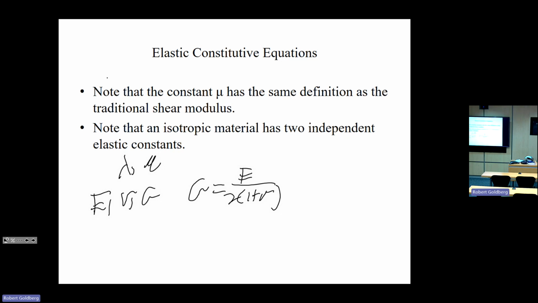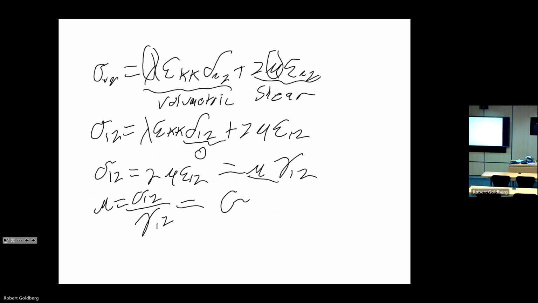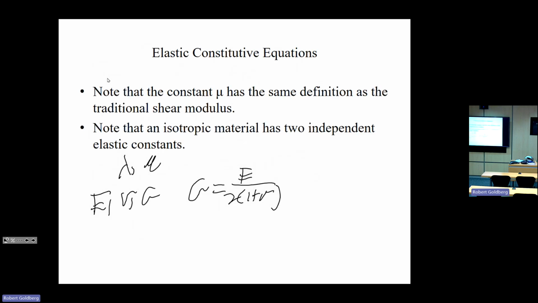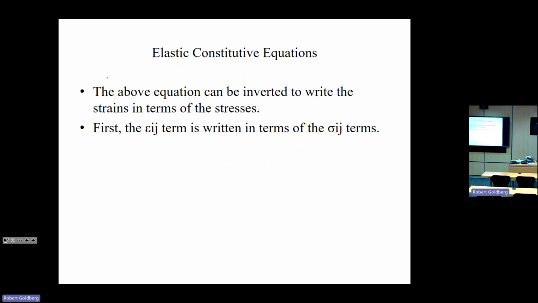Now, the other thing we can do with this equation: we have the stresses in terms of the strains. We can also invert this equation and write the strains in terms of the stresses. So we take our original equation and look at the specific case of i equals j.